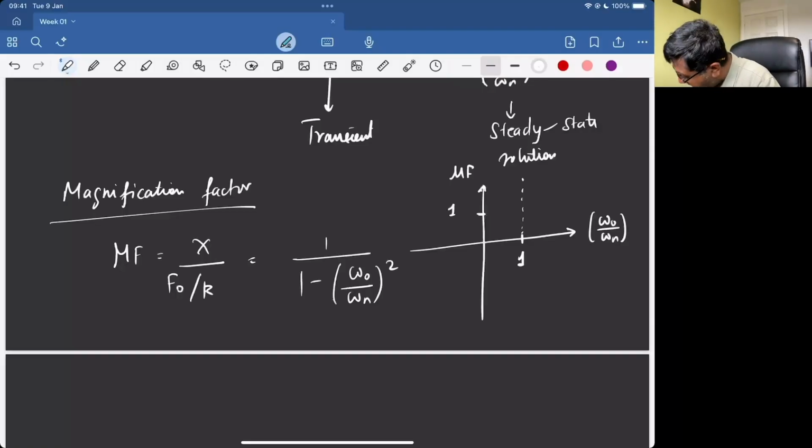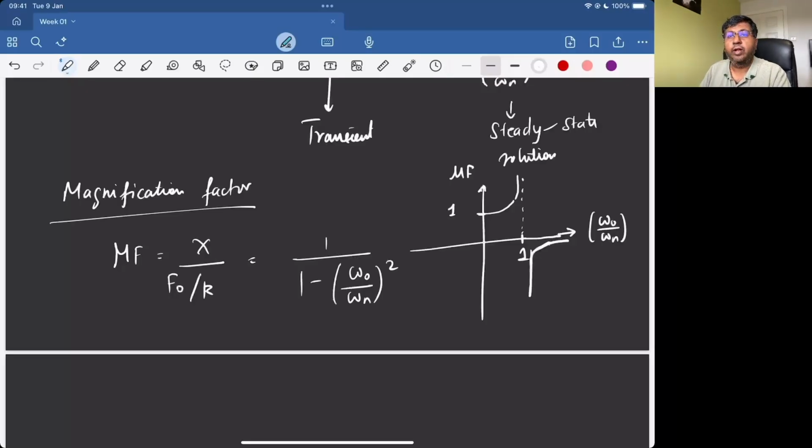So then I can say my magnification factor has some profile like this, which means as the frequency of our forcing function reaches the natural frequency, or what we called resonance, right?